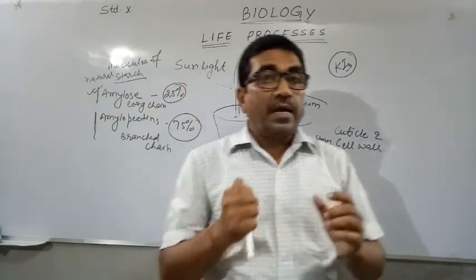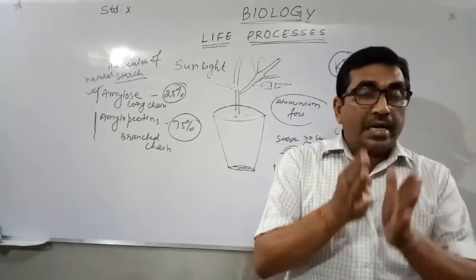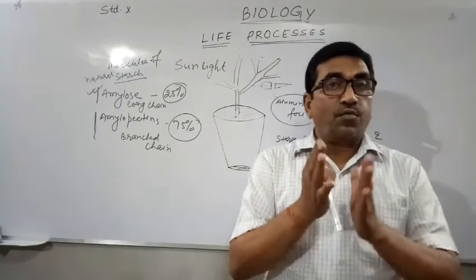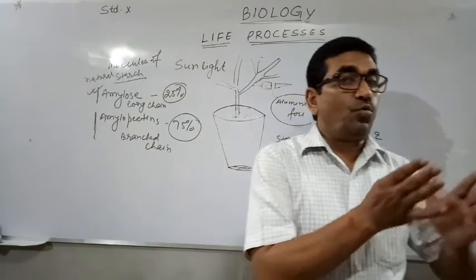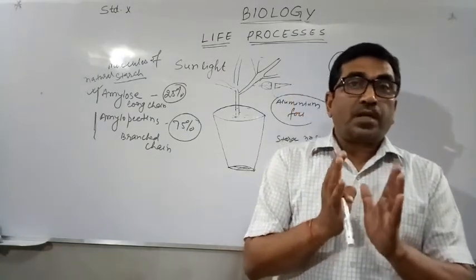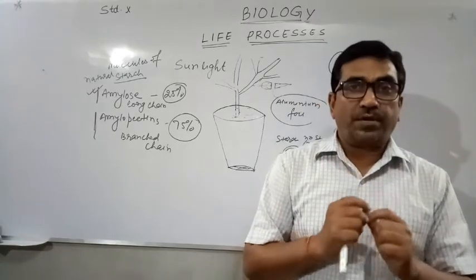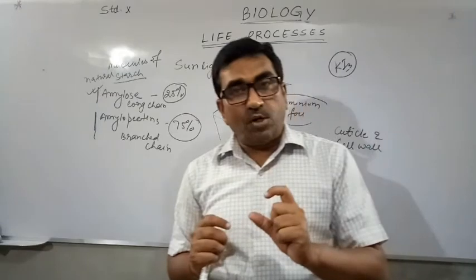If we say that only the green part performs photosynthesis and other parts do not, we have to show it, because green parts contain chlorophyll. The same activity we will do.